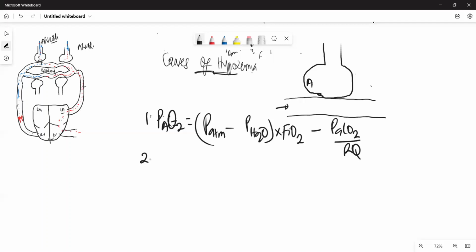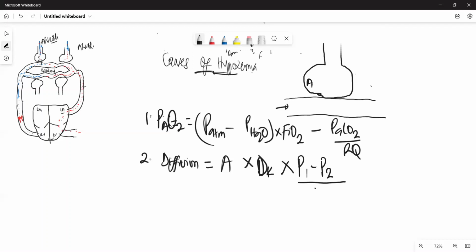So the second one is the formula for diffusion, which is our area, multiplied by the diffusion coefficient, D_K, multiplied by the difference in partial pressure, divided by our alveolar wall thickness.